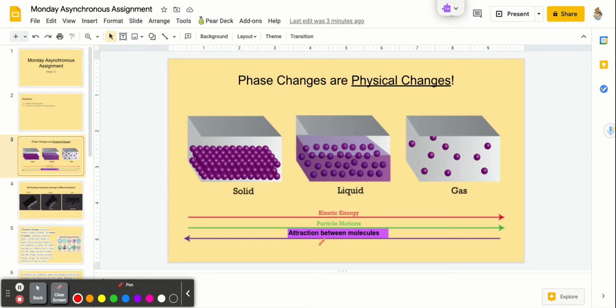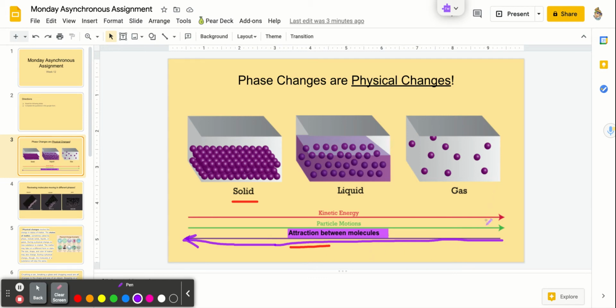And we've also been talking about this attraction, right? So molecular attraction is a big term that we've been talking about. So remember attraction. In the solid phase, we have really high molecular attraction, and you can see that here. So with my purple arrow, the arrow is pointing to the left. So as I draw my little arrow here, the arrow is pointing this way, which means that on this end, high molecular attraction.